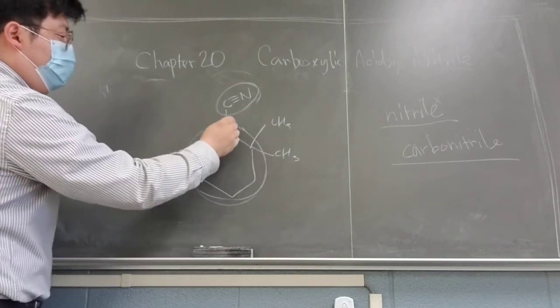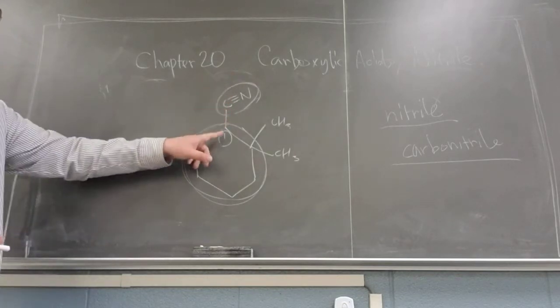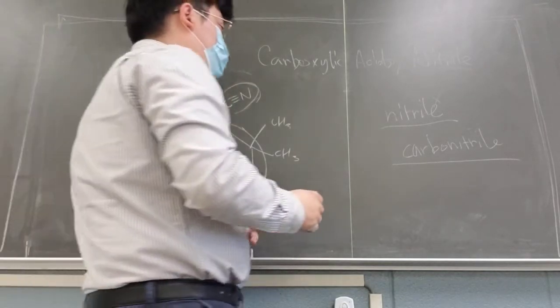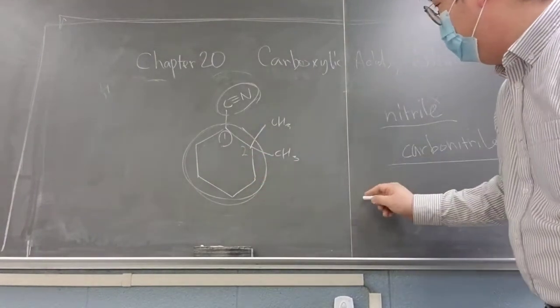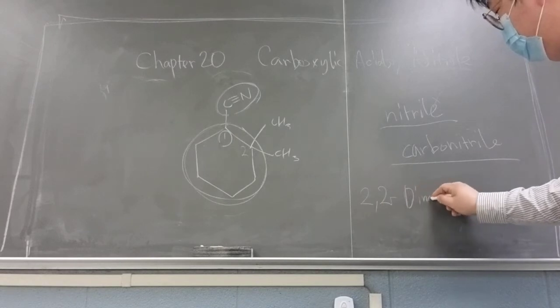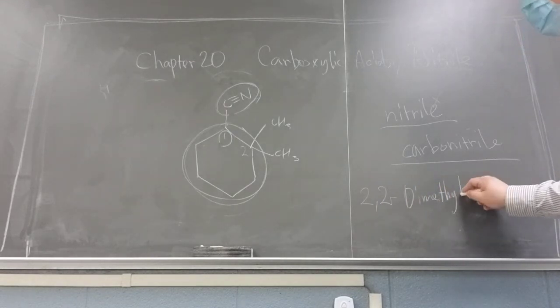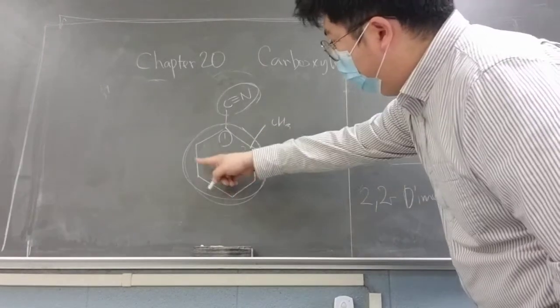So if you do this one, this is always the starting point, this is your base. The carbon attached to the nitro is always number 1. So this will become 1, this will be 2. So it'll be 2,2-dimethyl, and then you have a cyclohexane over here, right?